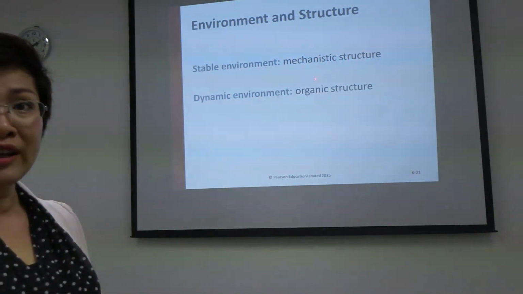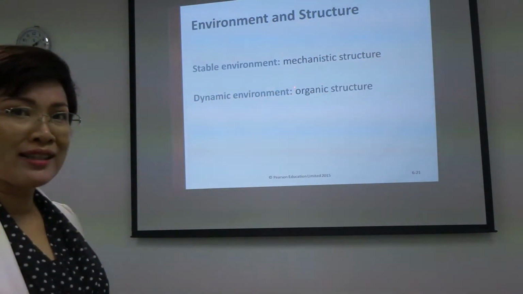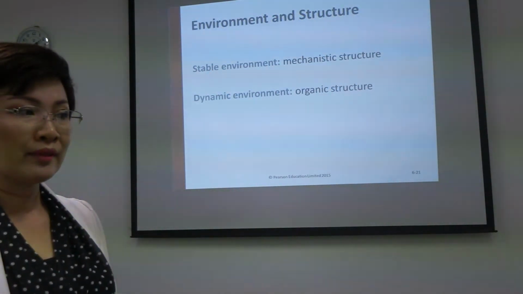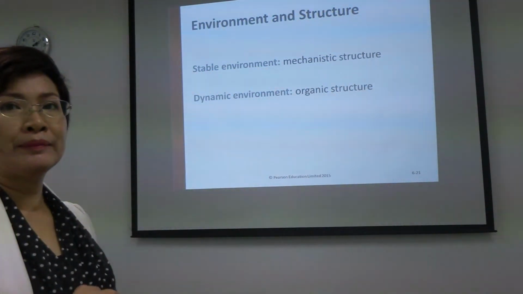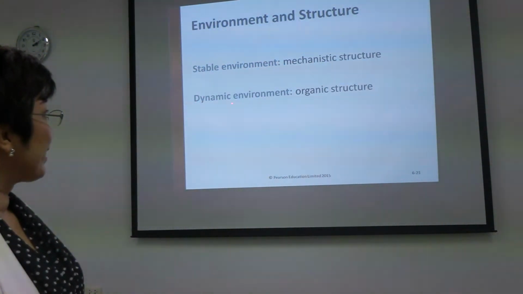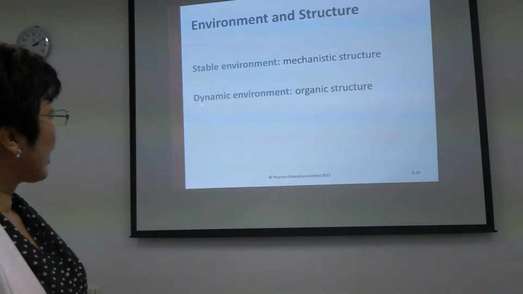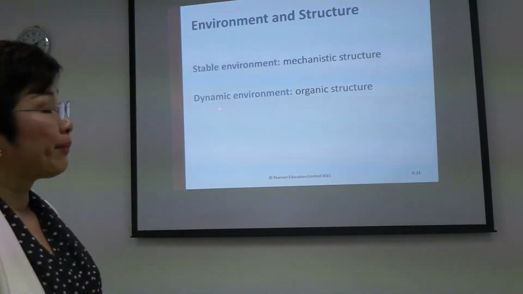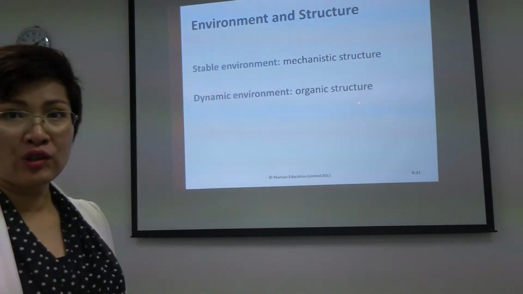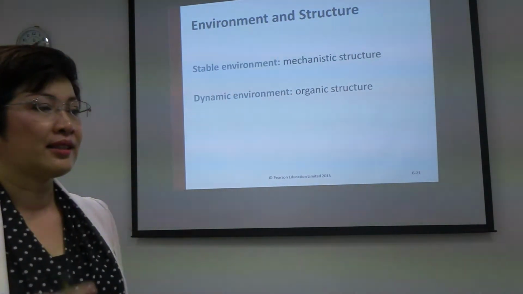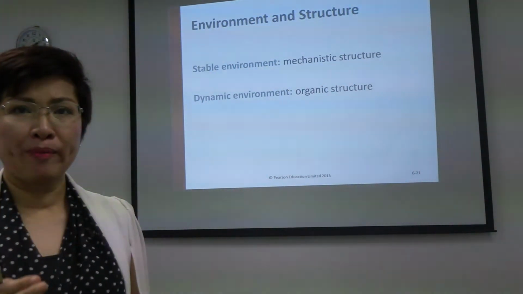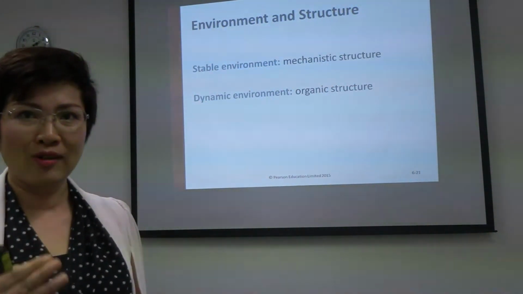If it has a stable environment, we consider this as the mechanistic structure, or mechanistic design. And if the environment is dynamic, we consider that as the organic structure. The stable environment is for mechanistic structure. The dynamic environment is for organic structure.